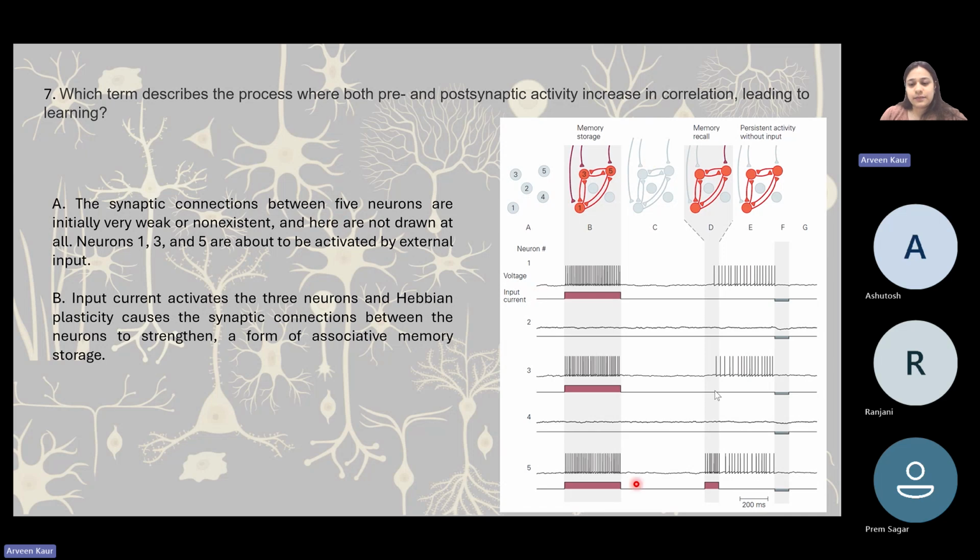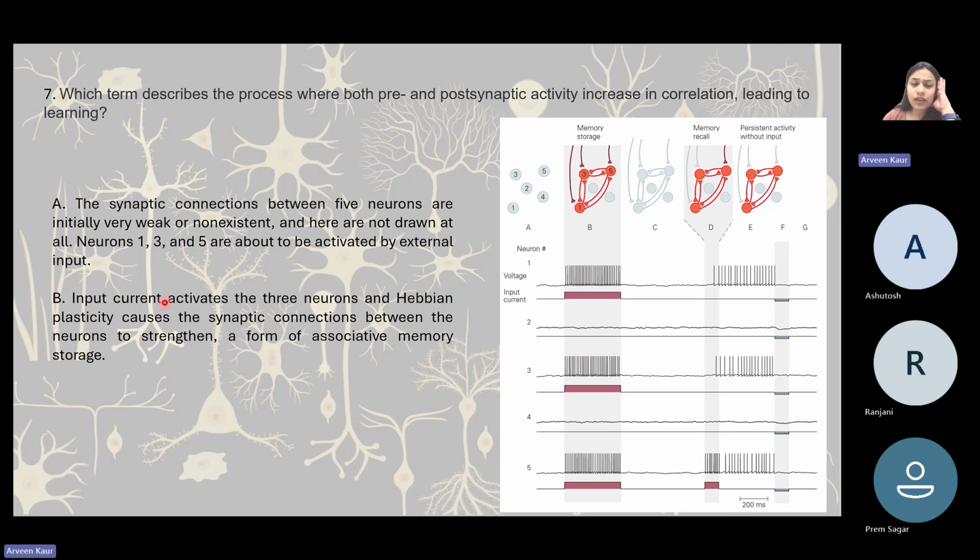Over here is a representation from the book Candle by Candle. In stage A, the synaptic connections between five neurons, one, two, three, four, and five, are initially very weak, or they are even non-existent, and are not drawn at all. Neurons 1, 3, and 5 are about to be activated by an external stimulus. In B, an external stimulus is received, and now 1, 3, and 5 are activated.